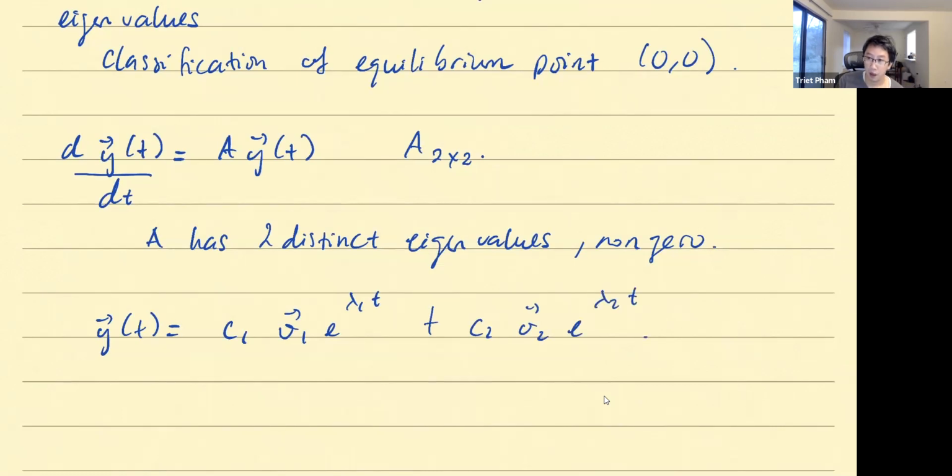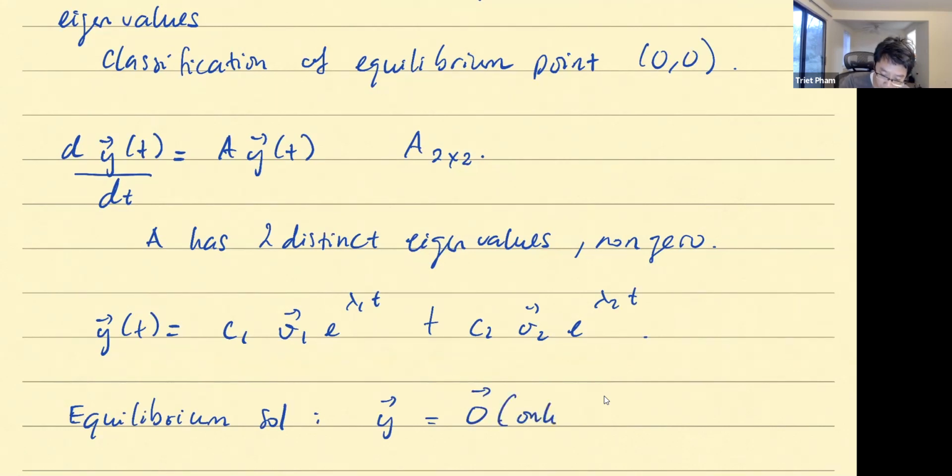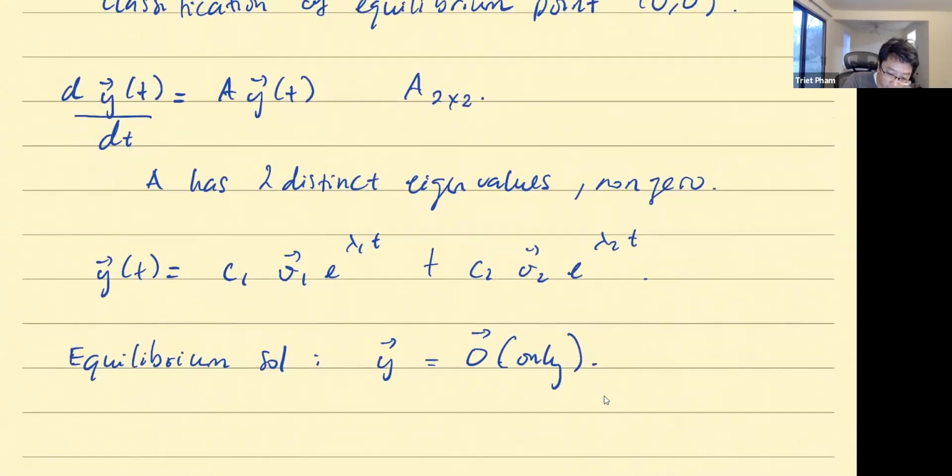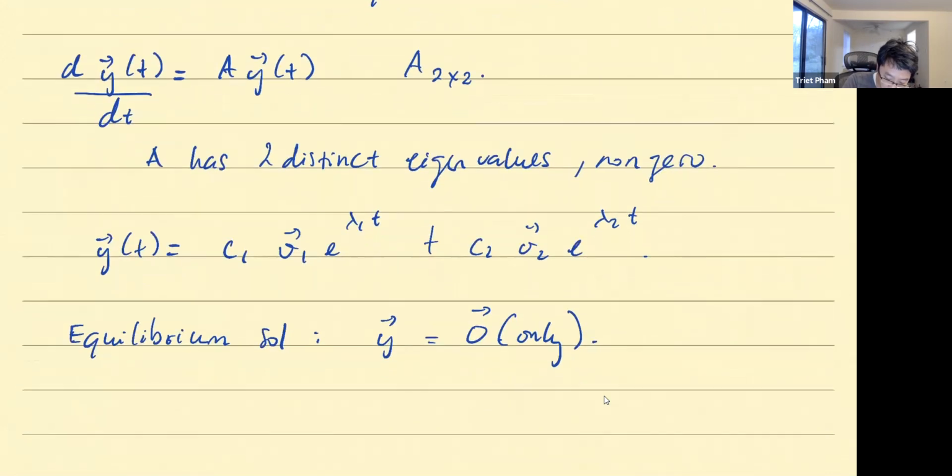First of all, what is the equilibrium solution in this section? The equilibrium solution is y equals 0, the only equilibrium solution. Meaning, if you look at the equation A times y equals 0, because you look for dy/dt equal to 0, the only solution is y equal to 0 and nothing else.